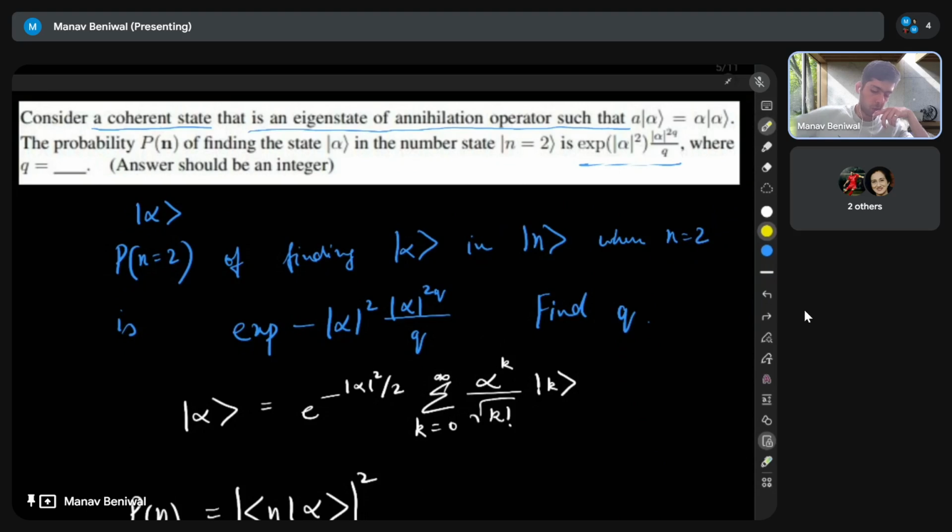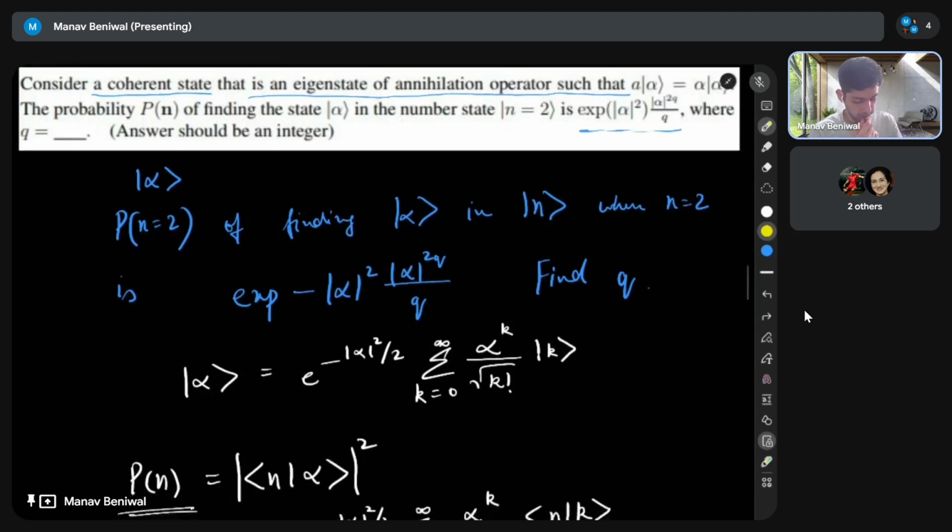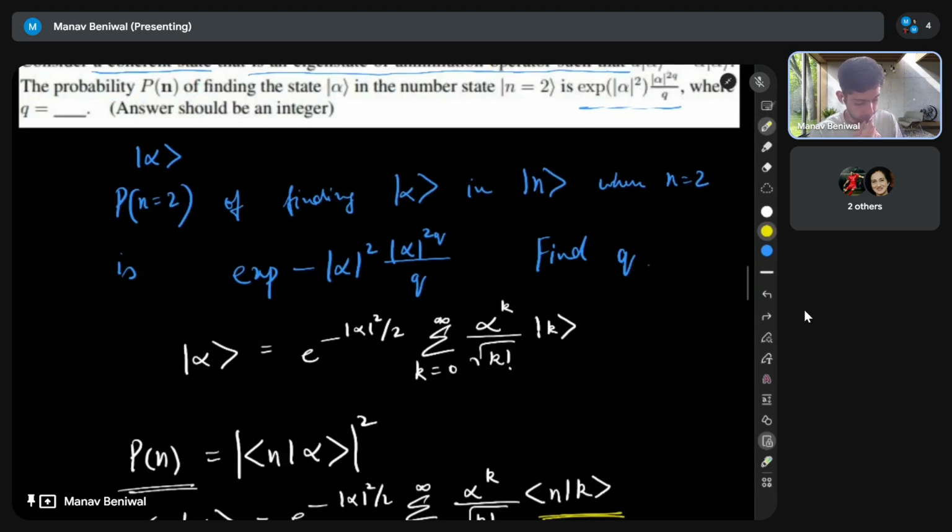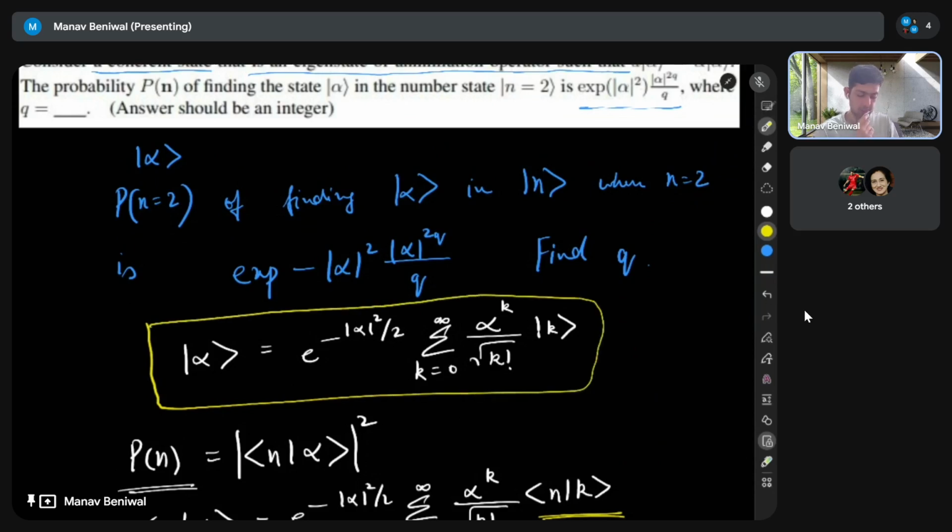this coherent state, as we have written here, you can think of it like some combination of your numbered states, right? 1, 2, 3, and so on. For example, when we write states like this, what do you understand by this?